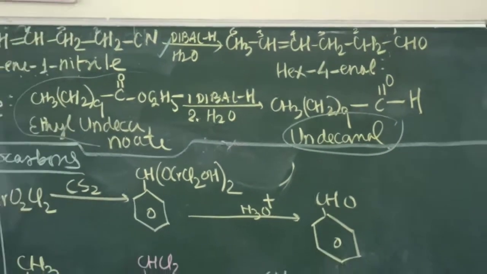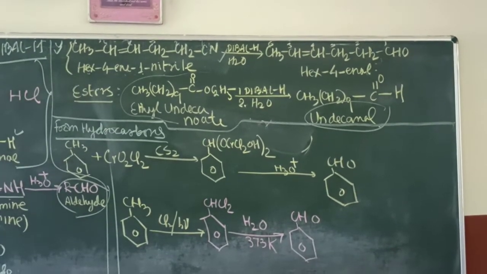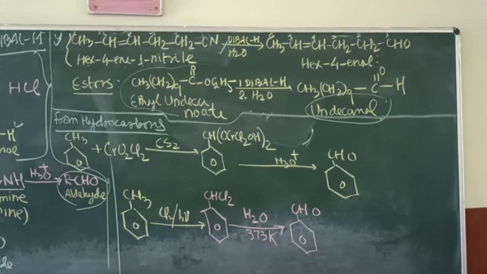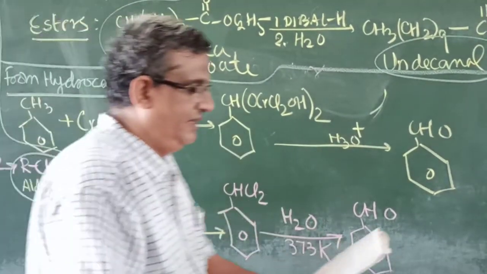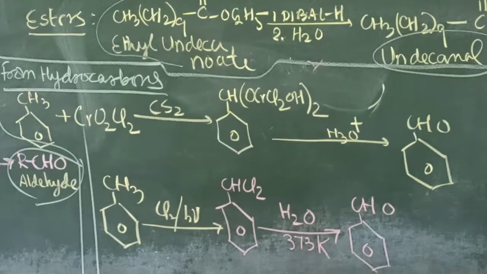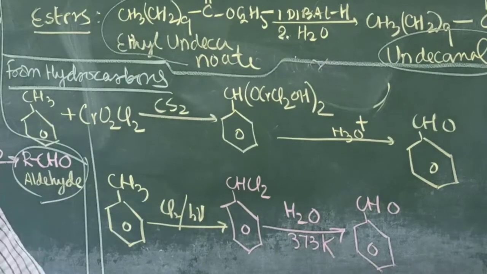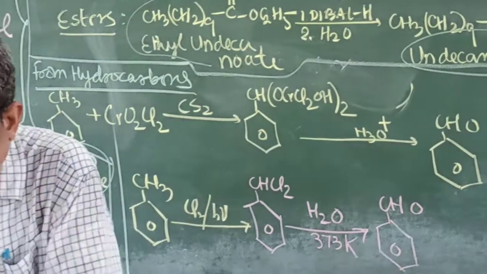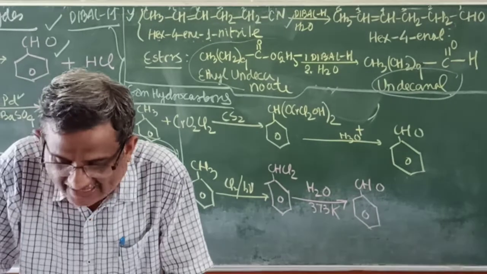And now, coming to the preparation of aldehydes from hydrocarbons. Strong oxidizing agents such as acidified or alkaline KMnO4, acidified K2Cr2O7, concentrated HNO3, oxidize toluene and its derivatives to benzoic acids.